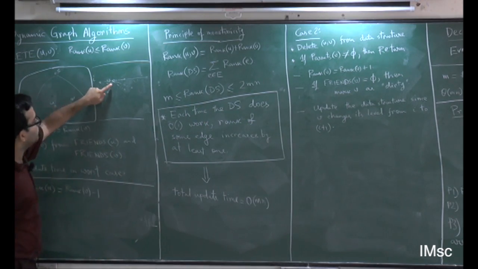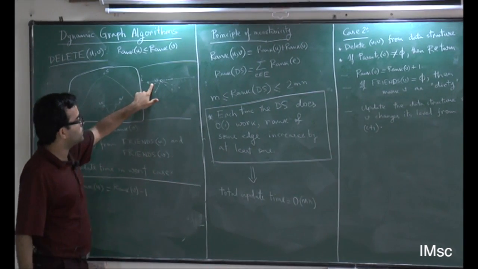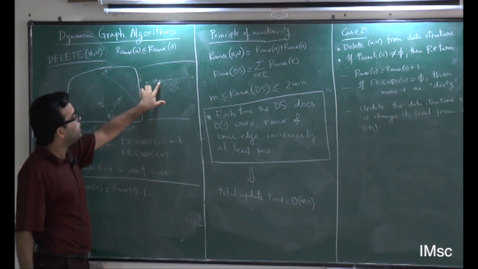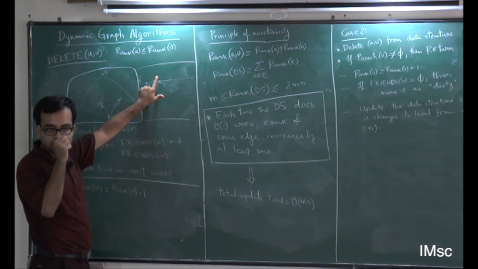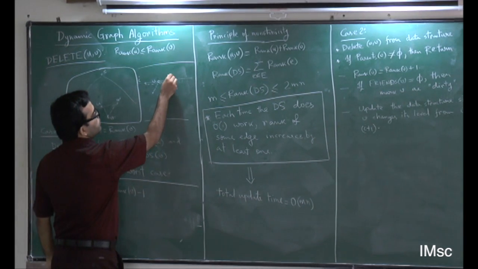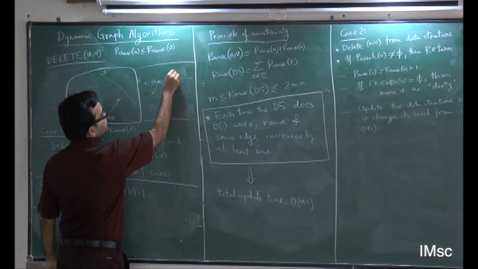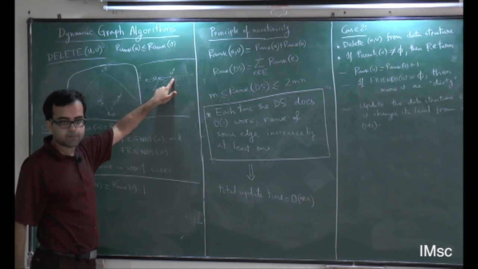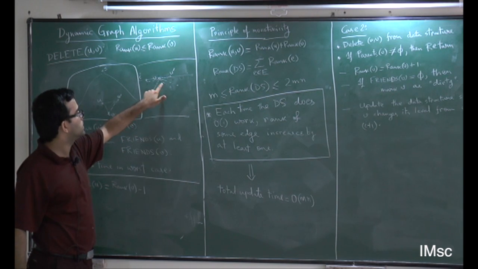It means that you will first visit every edge incident upon V and then accordingly change its status. Now, you can just think yourself what will happen when you are visiting an edge of this form, say V comma u prime, where u prime is a friend of V. What will be the change in status?